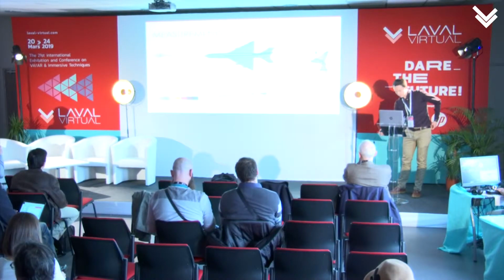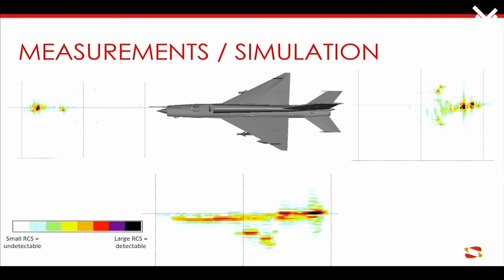It's the same behind, with different results. When the point of view or the frequency changes, the radar signature changes. In profile, it's stronger. We can see the aircraft more.